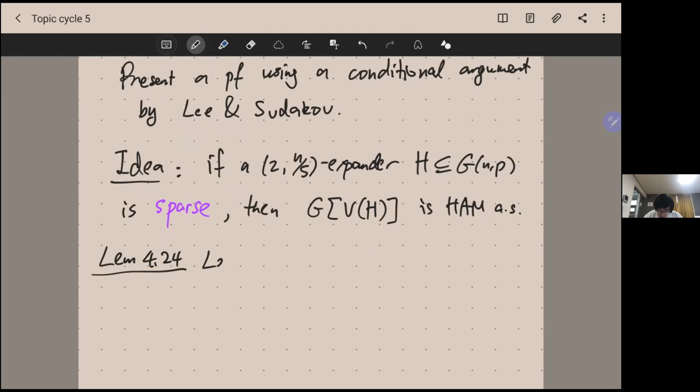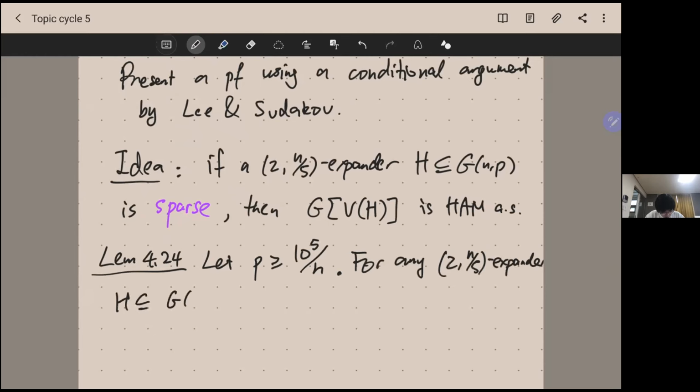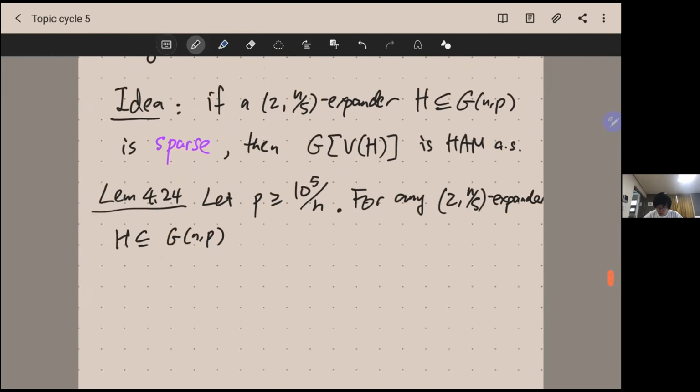It says: let p be not so small, at least linear in the reciprocal of n, some large constant over n, and for any 2n/5 expander H in G(n,p), if it is sparse, meaning that the number of edges is at most pn²/10⁴.